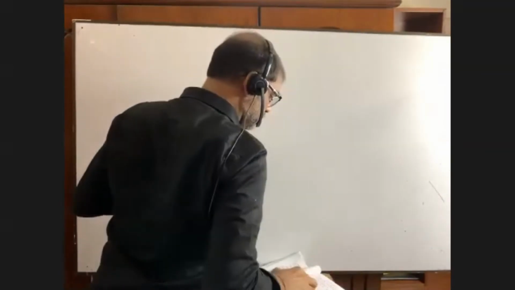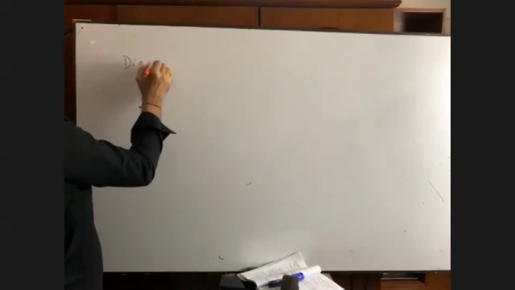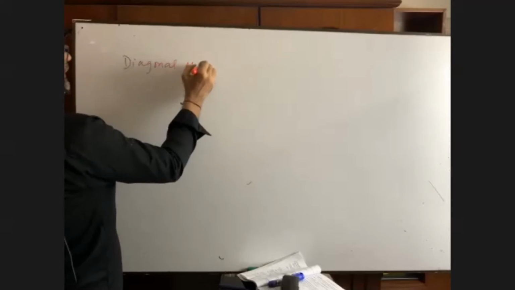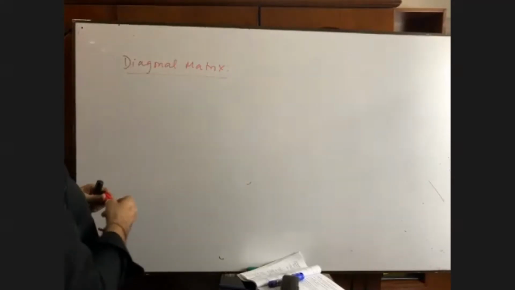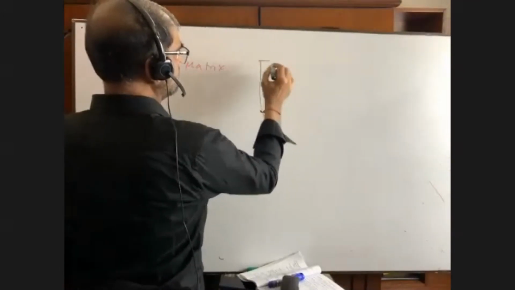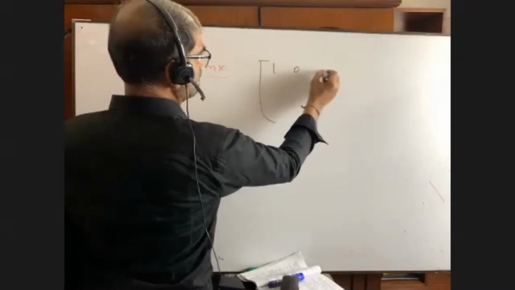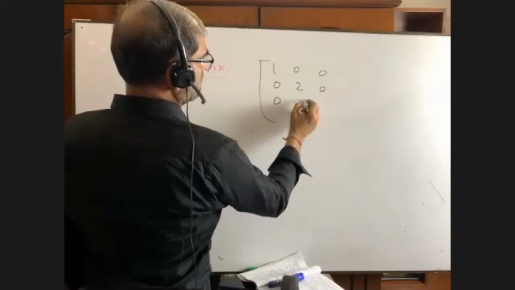Now you go to diagonal matrix. It is very easy and simple. Diagonal matrix means what? Suppose it is 1 0 0, 0 2 0, 0 0 3.